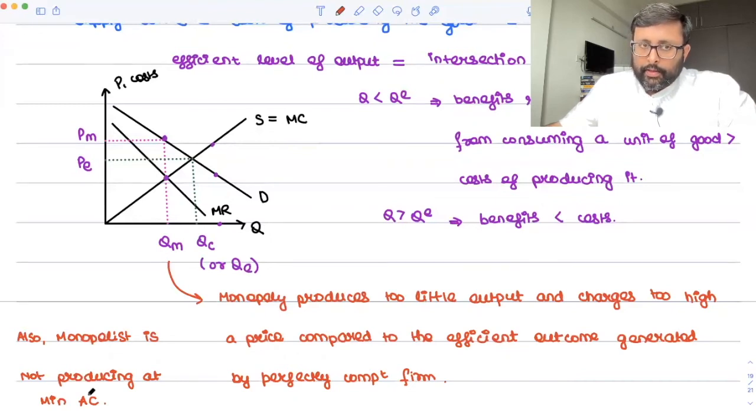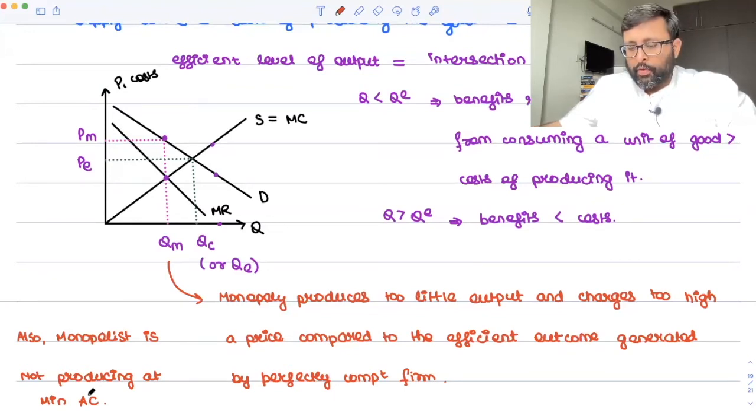So there is some amount of the deadweight loss which is going to occur because society is working with a monopoly, not with a perfectly competitive firm. So it's like an inefficiency which is coming.